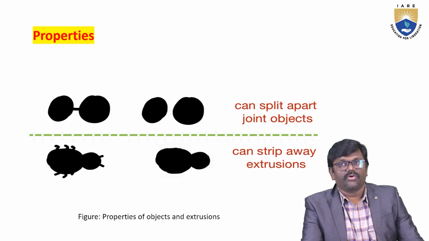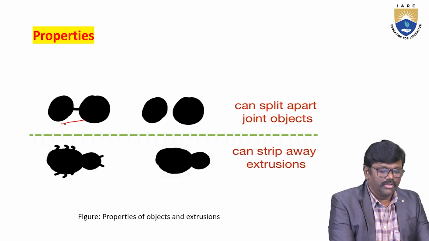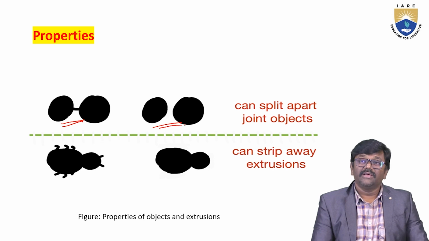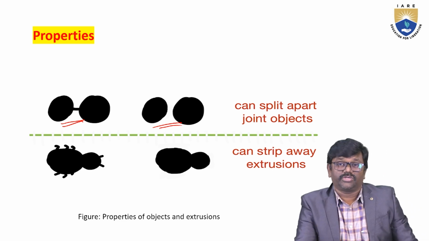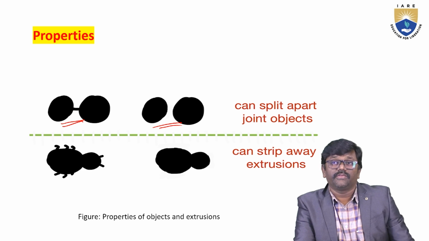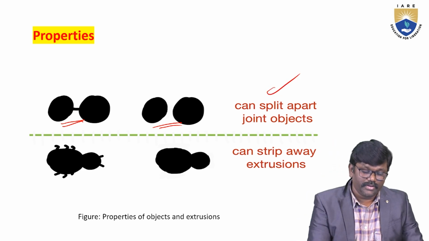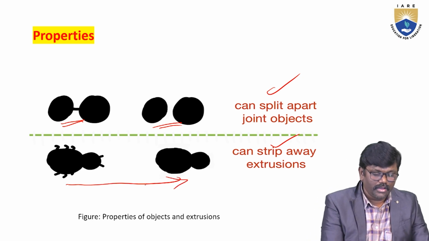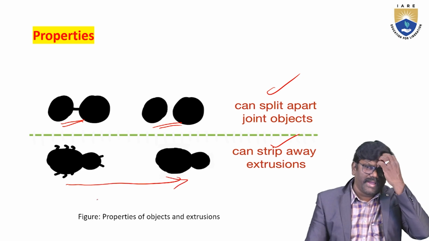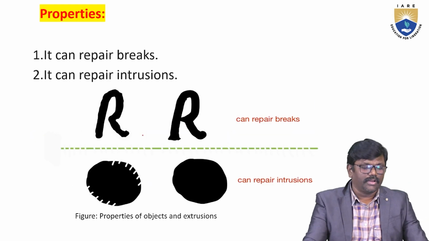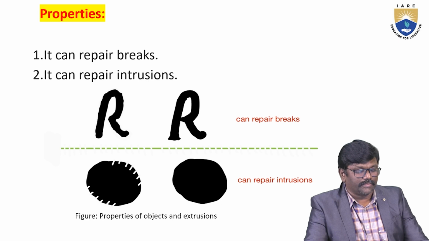We can split apart joined objects, so here the object is split, and you can strip away extensions. So the properties of an object we can see in terms of split and strip. You see how the strip happens and how the split happens. That is one of the main properties of the result.